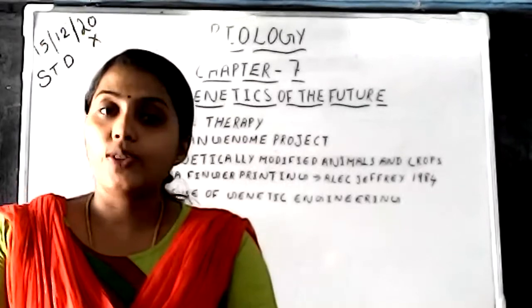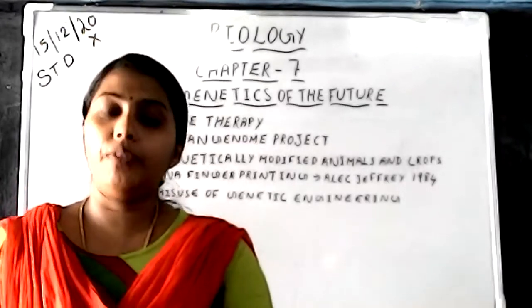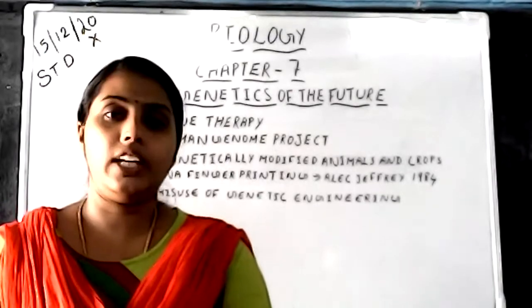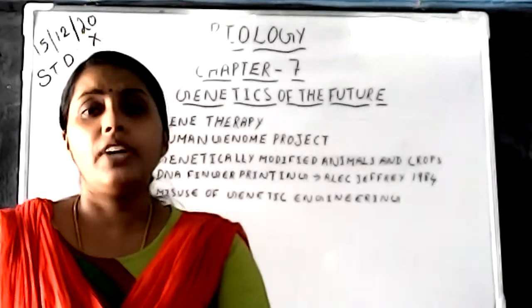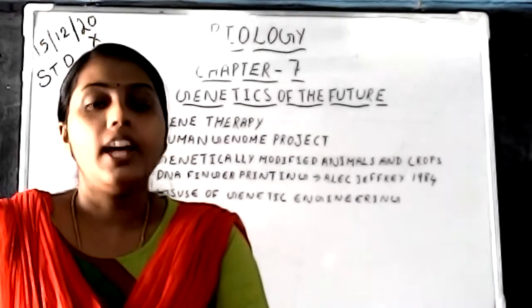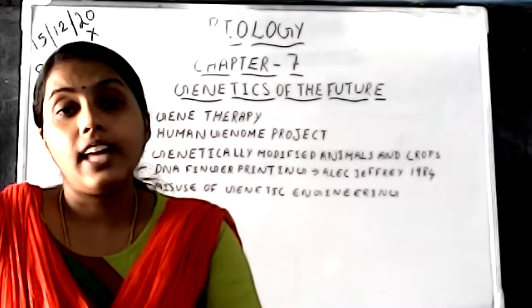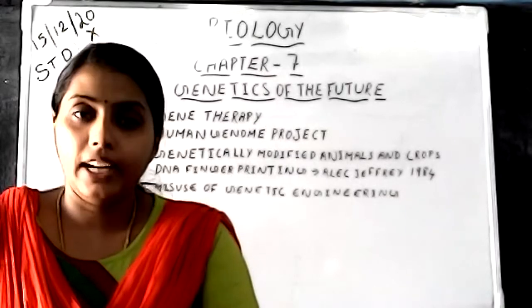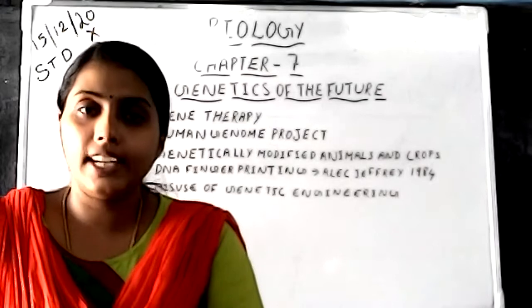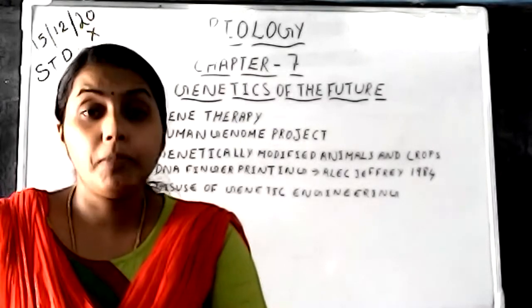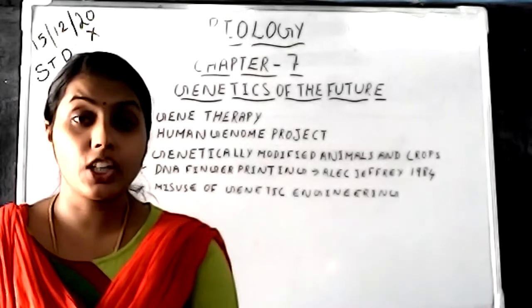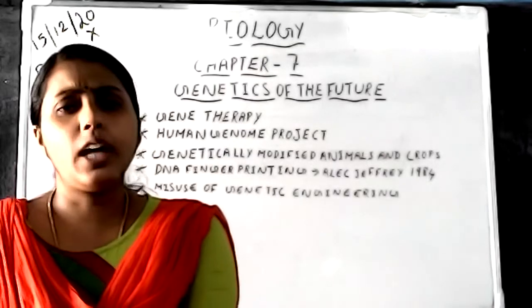About insulin, we have already studied its function. Insulin is a hormone. We studied in our third chapter that insulin regulates the glucose level in the blood. If the glucose level in the blood is increased, and in a person the normally produced insulin is not functioning, then what happens?